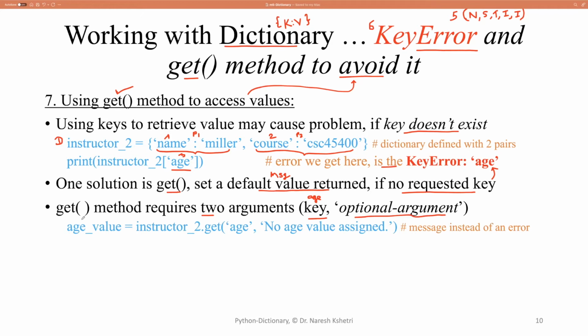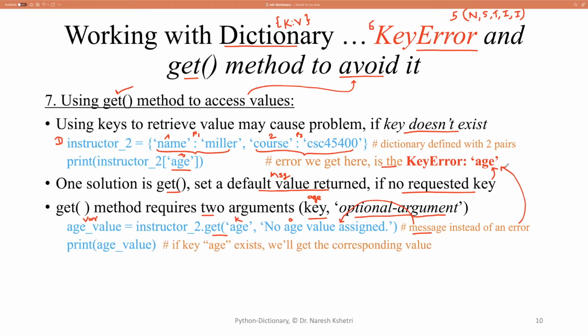We define a variable called age value, and we use the get method with that key and the optional argument, no age value assigned. So we get this message instead of the key error. And we just print the age value.